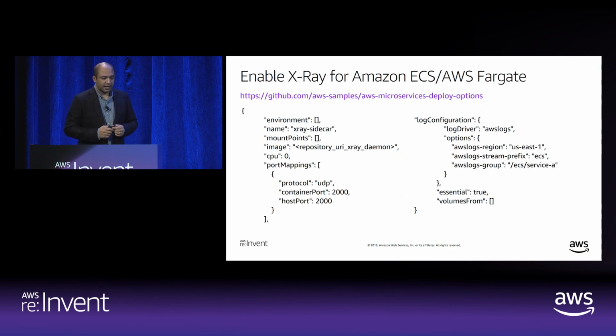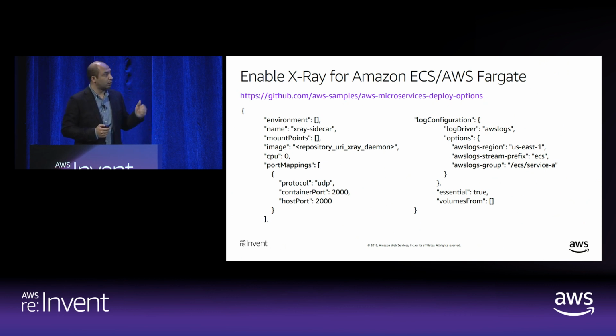In terms of enabling X-Ray for ECS or Fargate, it's essentially adding the X-Ray sidecar to your task definition. I have an example here, but I also have a link to the GitHub repo where you can get the entire code.